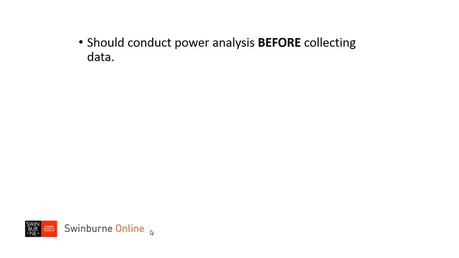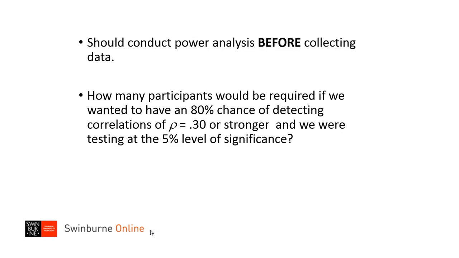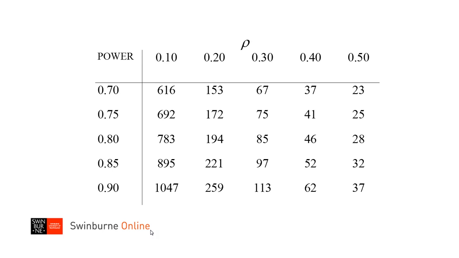So ideally you should conduct the power analysis before collecting the data. So you need to ask yourself how many participants would be required if we wanted to have an 80% chance of detecting correlations of 0.3 or stronger, and we were testing at the 5% level of significance. So you go to the power table in the back of your textbook for correlations. These power tables are all calculated for a p-value of 0.05.